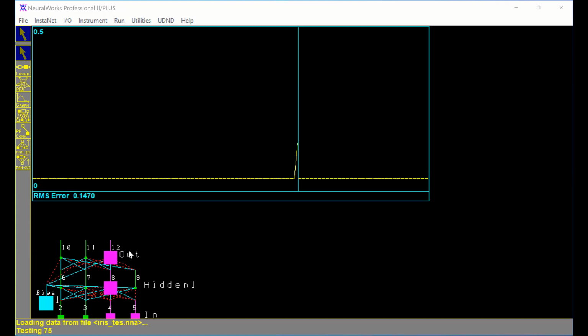So here we are in the installation directory for NeuroWorks. I want to find the iris data set first. So this is what the training data is going to look like. Let me share this screen here. You can share the points down here.